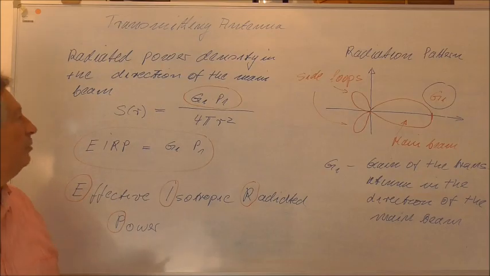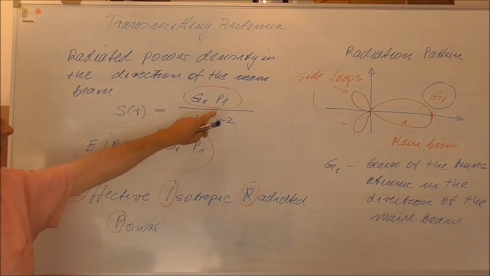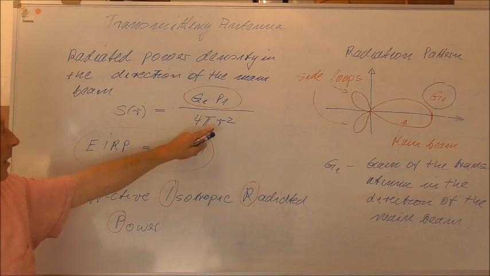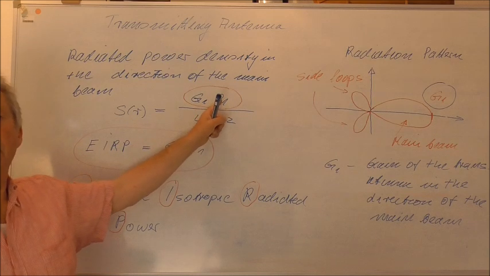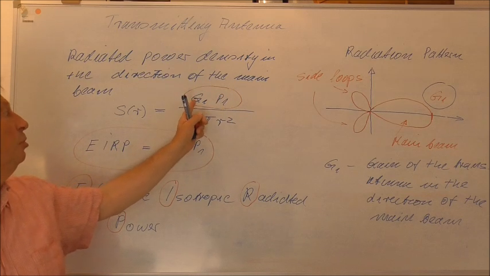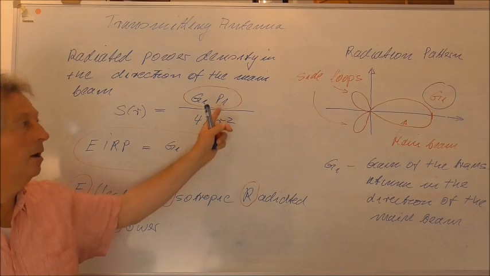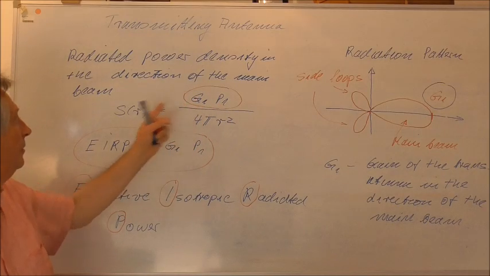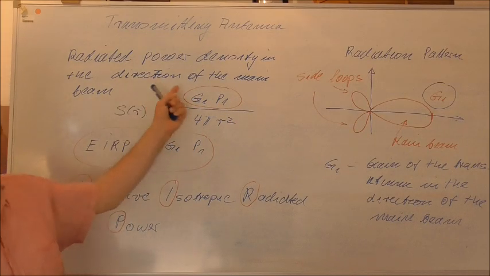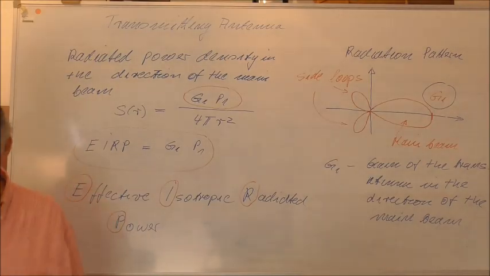According to this equation, it seems that the isotropic point radiator, instead of only radiating P1, would radiate G1 times P1. But of course, this power density exists only in the direction of the main beam.